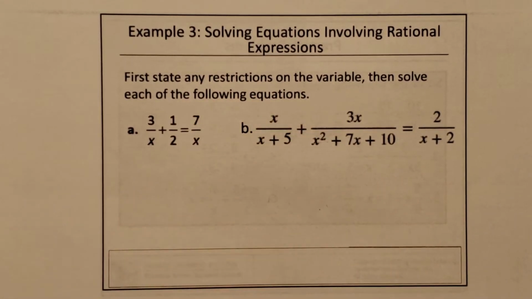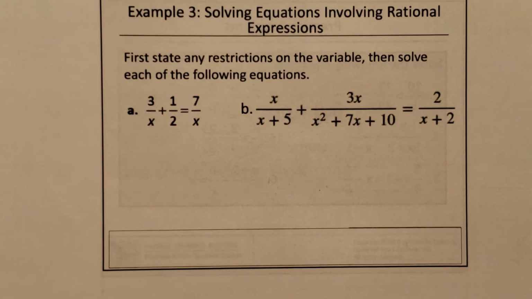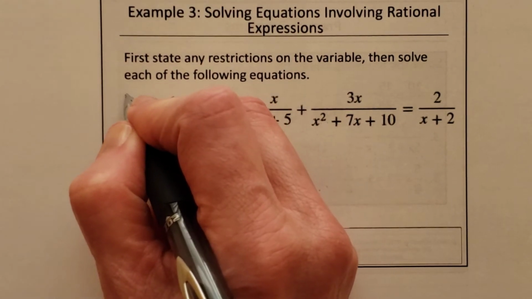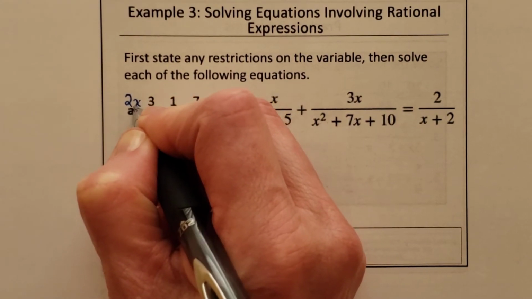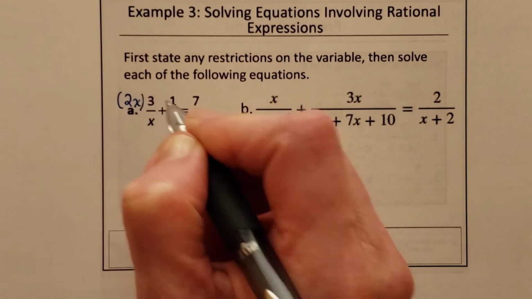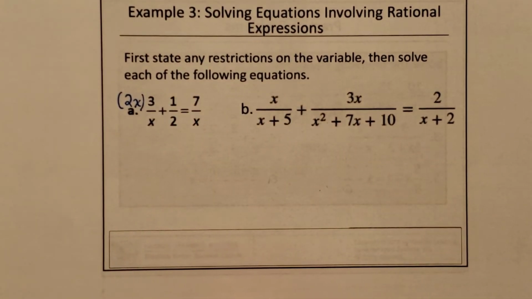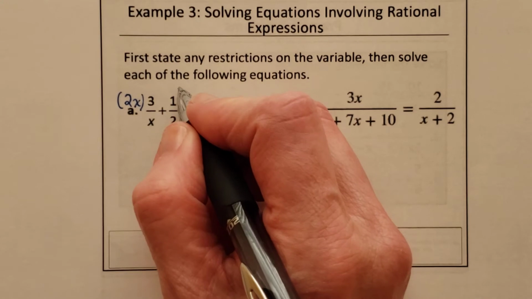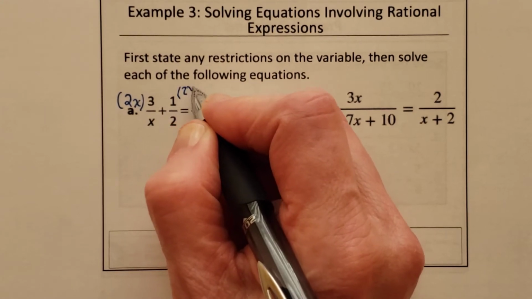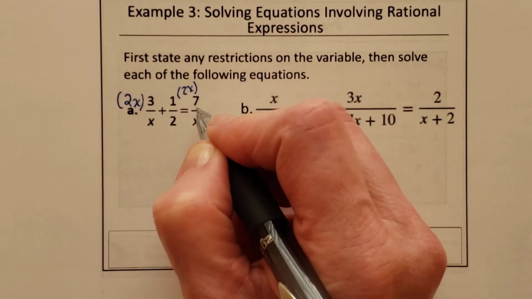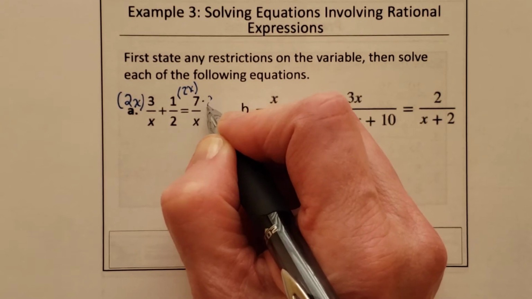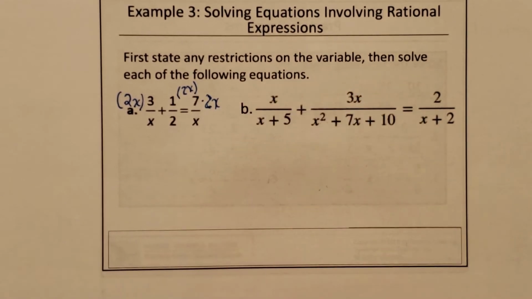So one way you can cancel out all those fractions is we're going to multiply each separate term by our least common multiple. So I'm going to multiply the first term by 2x, the second term by 2x, and what's past the equal sign by 2x.